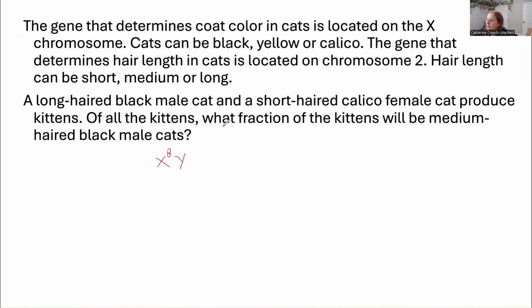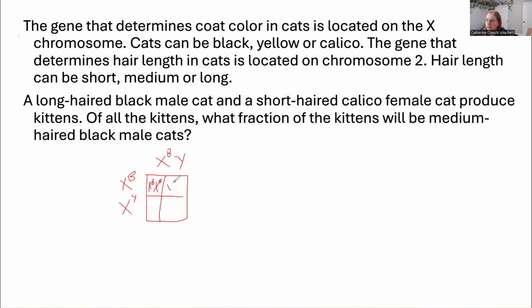Our female is going to be calico. So calico female. She's going to produce one X with the black allele and one X with the yellow allele. Do our Punnett square. So we have X, X, B, B. That's going to be a black female kitten.